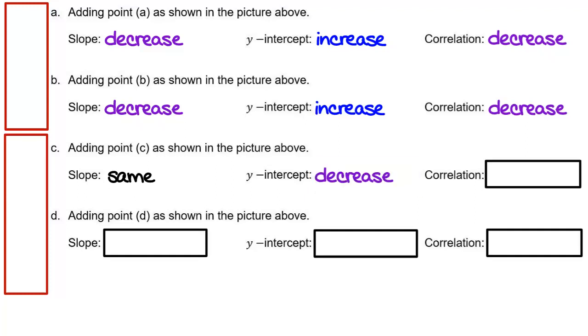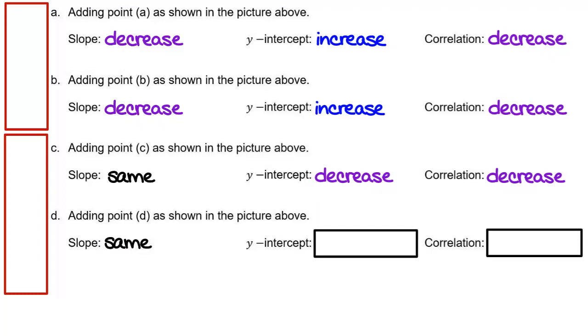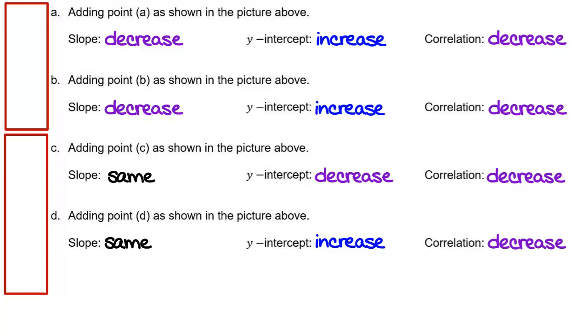Yep, decreased. Sorry, I got confused about which point I was looking at. I had to look back at my page to see where the star was. And the correlation? Decreased. What about with point D, the slope? Stayed about the same. Y-intercept? Increased. And the correlation? Decreased.